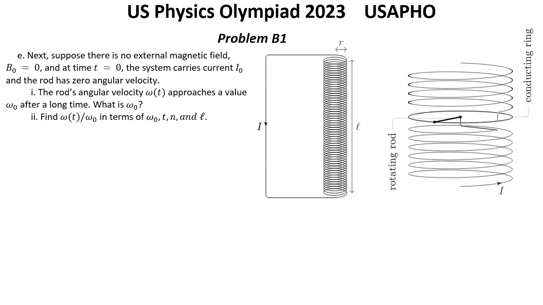Now, because the external magnetic field is 0, we have to use the magnetic field created by current I, which is initially I0.